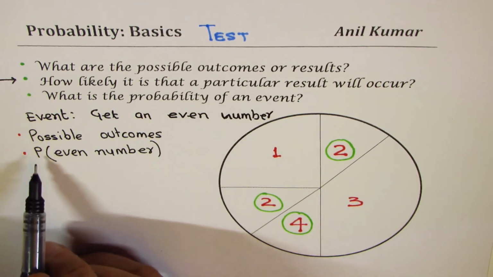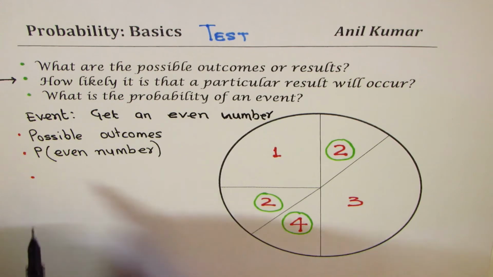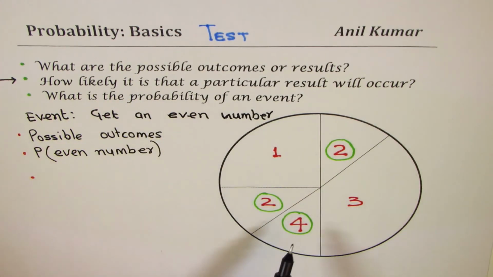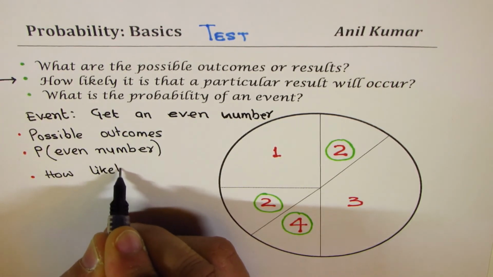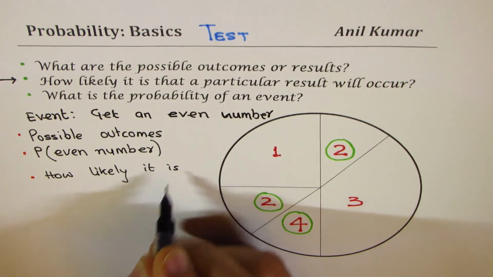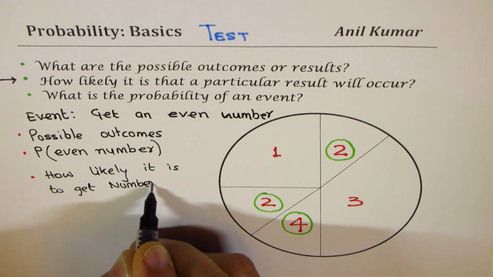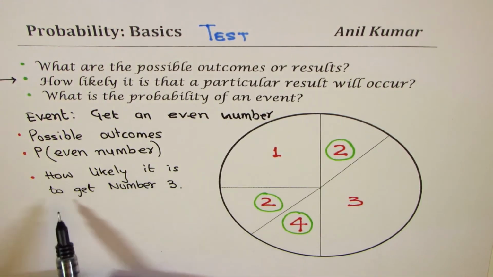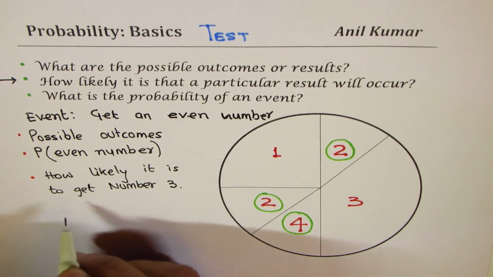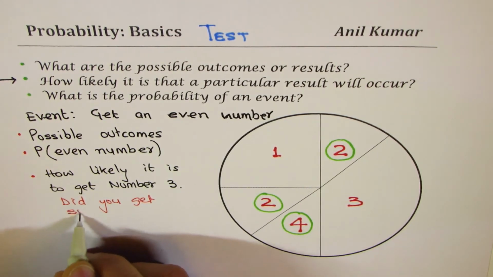Once you perform that experiment and get your result, after that, you have to write how likely it is to get number 3, right? So in this experiment, how likely it is to get 3, right? And then you should know from your experiment, did you get similar result?